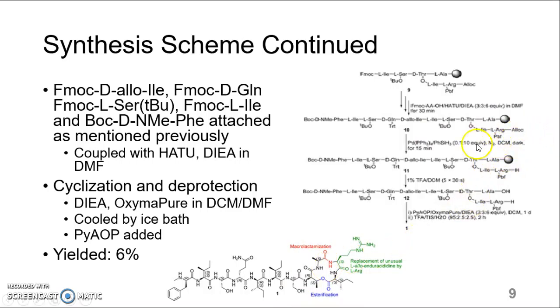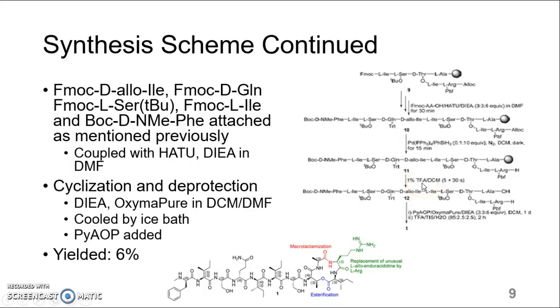And in order to create the cyclic structure in the peptide, we need to go ahead and remove the alloc group of the arginine, and after the removal of the alloc group, the peptide needs to be detached from the resin, and that's done using trifluoroacetic acid.